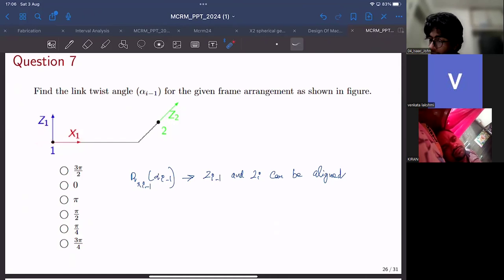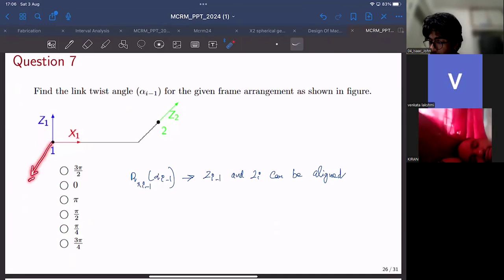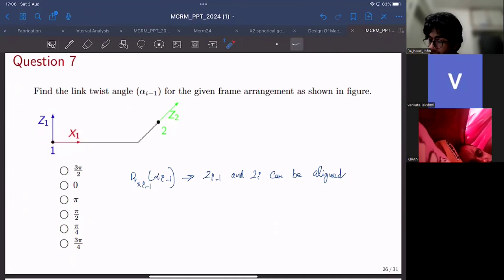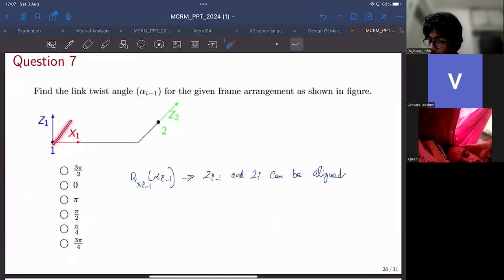If you rotate by 90 degrees, x1 would be like this. If you rotate 180 degrees, x1 would become vertically straight below. And if you rotate 270 degrees, sorry, z1 would come like this.